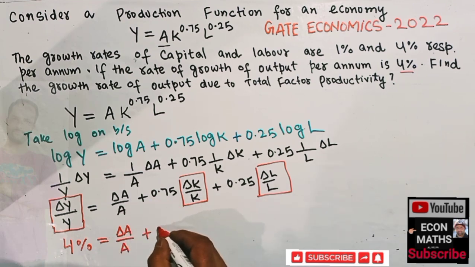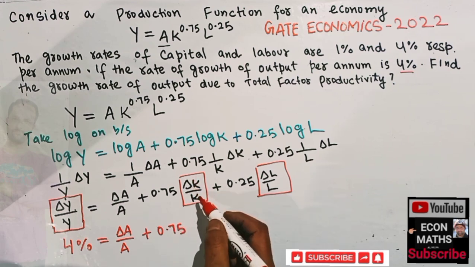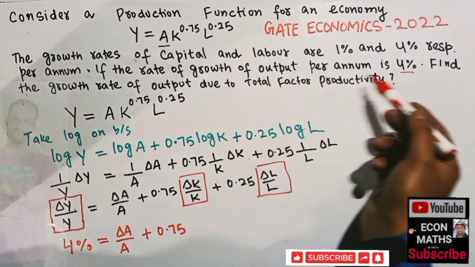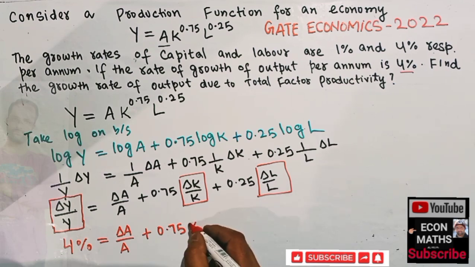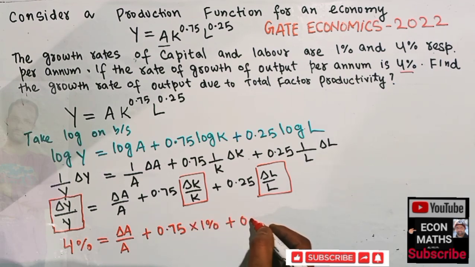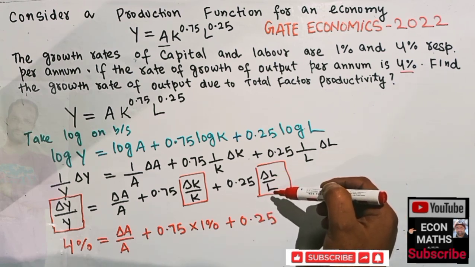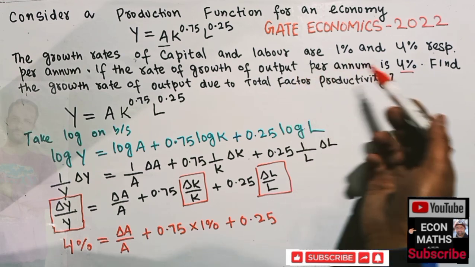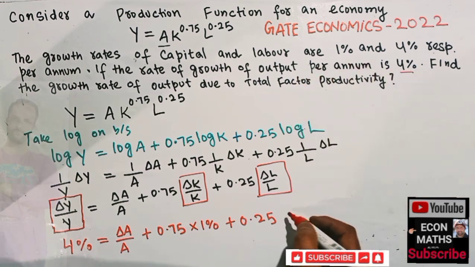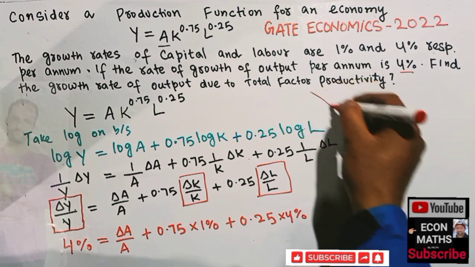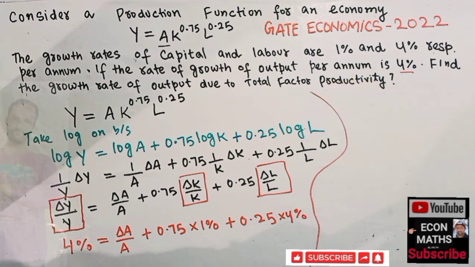Plus 0.75 del K upon K, where the growth rate of capital is given as 1%, so I write 1% here, plus 0.25 del L upon L, where the growth rate of labor is also given as 4%. Now let us solve it for the growth rate of total factor productivity.